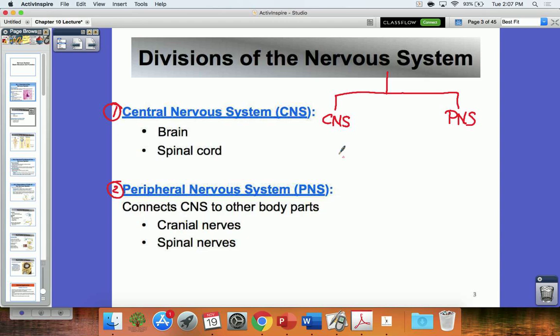The CNS is going to be our brain and spinal cord. And then our PNS is going to be all the nerves that come from the brain, and all the nerves that go towards the brain. We have cranial and spinal nerves that stem out into other parts of the body. It's there to connect the CNS to everything else.